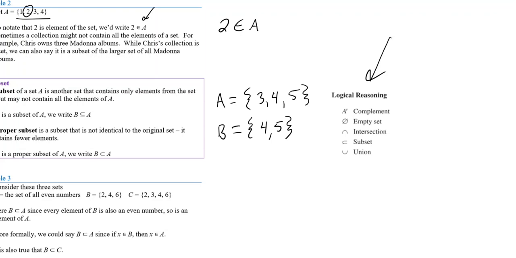Then we can say that B is a subset of A. It just means that all of the elements in B are also in A. It's like it's inside of A. Everything that's in B is also in A. We're going to talk about this with concentric circles and Venn diagrams in the next lesson, but for now we're just looking at it this way. So B is a part of A.